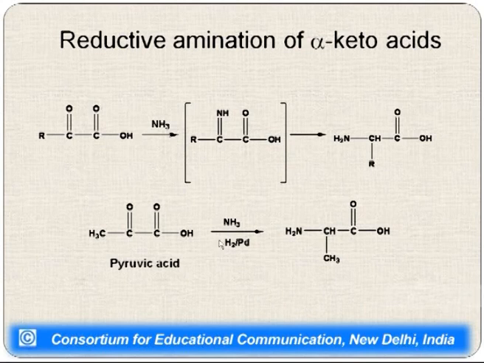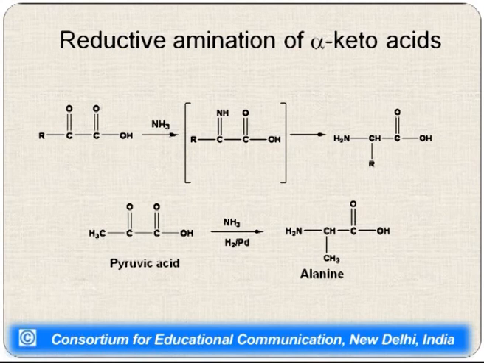Somewhere down the line, alanine is formed from pyruvic acid in organisms also, where ammonia is added and some enzymatic catalysis happens on this intermediate, and we get alanine synthesized. Here I have taken pyruvic acid, CH3 is the R group, and we get alanine.